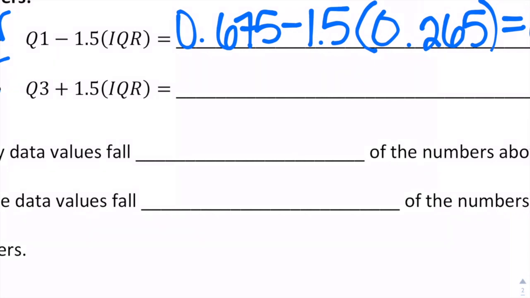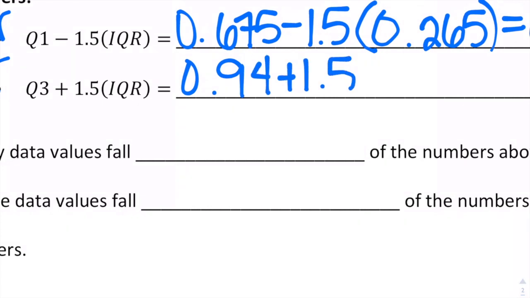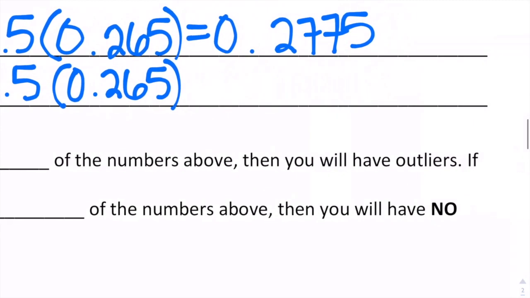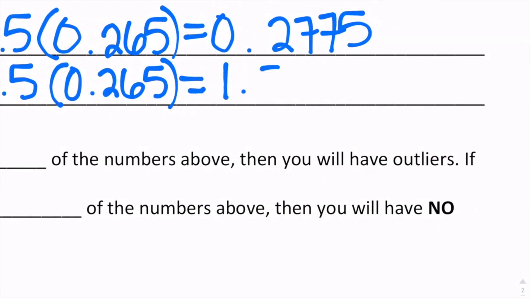Then we're going to find our upper outlier. So then we're going to do 0.94 because that's our third quartile plus 1.5 times our interquartile range. And when you do that, you're going to get 1.3375.